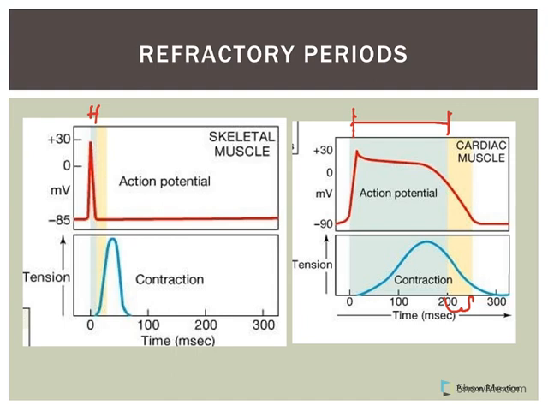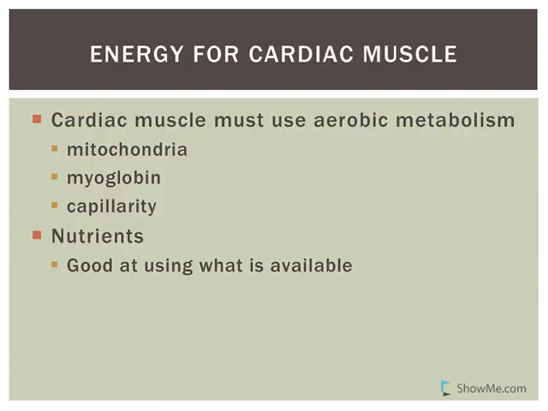Under normal conditions, they're contracting at the same rate, because that's important. But in some instances, when people have some arrhythmias, the atrial muscle is actually contracting faster than the ventricular muscle. So we're going to do one last thing, and then we're done.